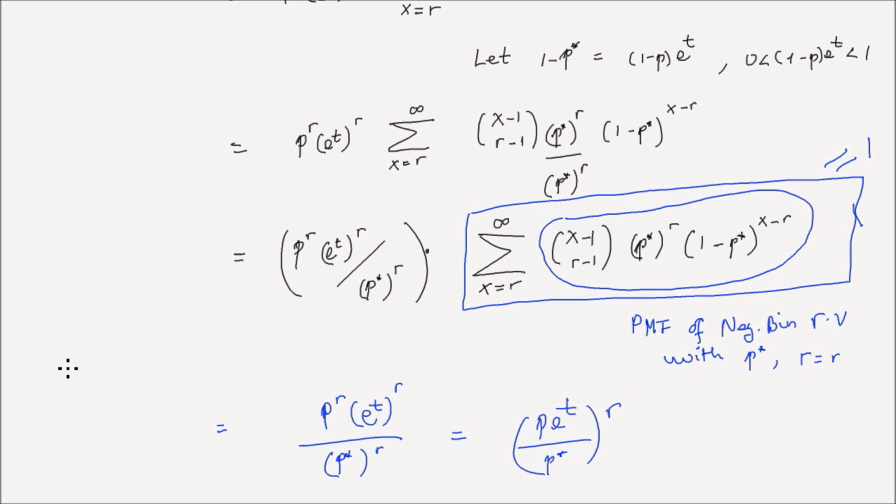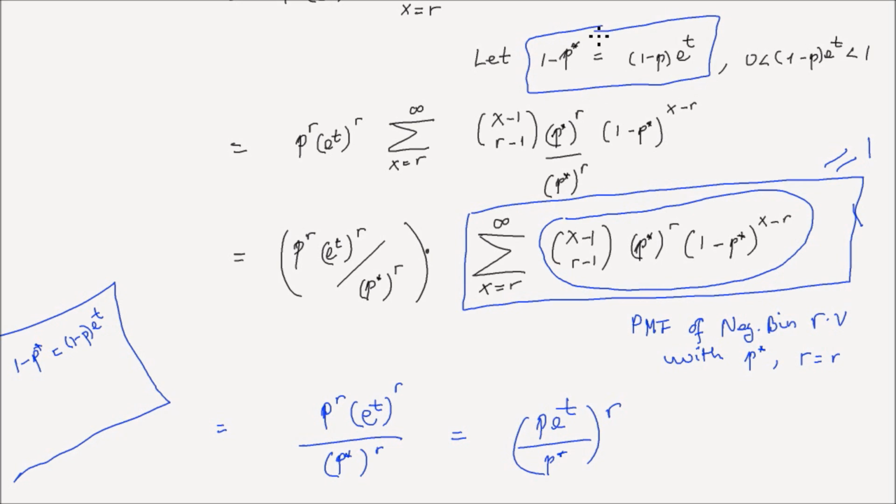But what is p star? We know that 1 minus p star is equal to 1 minus p times e to the t. It's right here. Okay?